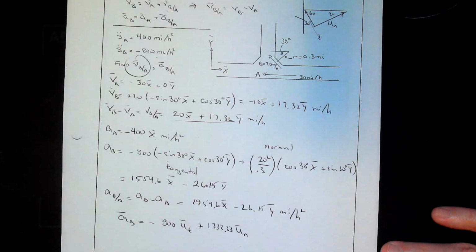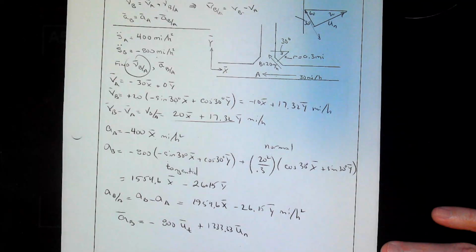Now, putting that into x and y, what's the normal? Well, the normal's right here, we can see that. With turning, here's un going back. So we then have cos 30 degrees x plus sine 30 degrees y.